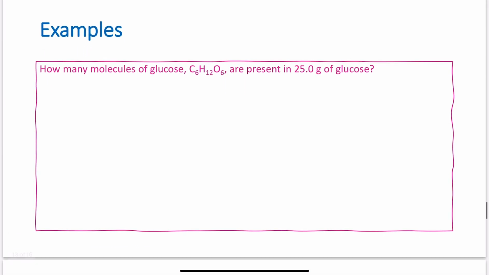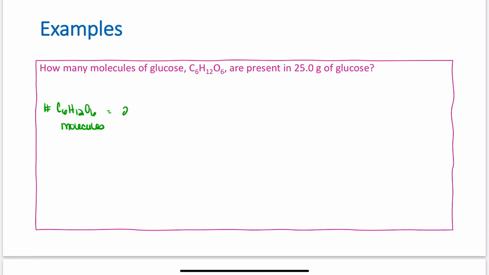What's next? How many molecules of glucose, C6H12O6, are present in 25 grams of glucose? So, number of C6H12O6 molecules, and I'm starting with 25 grams of that species. One mole of glucose, add that up.